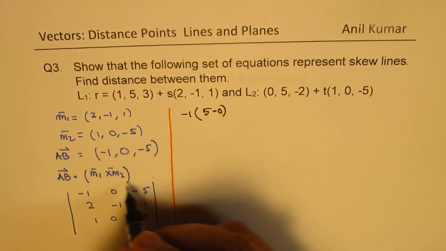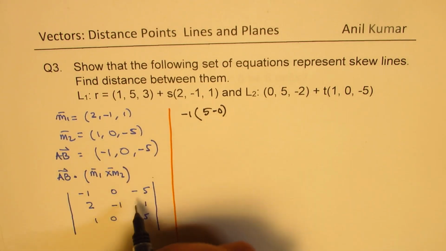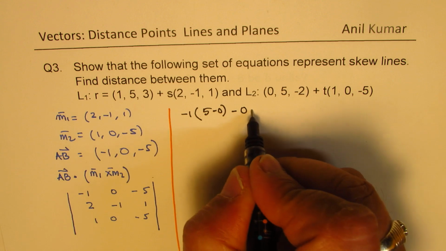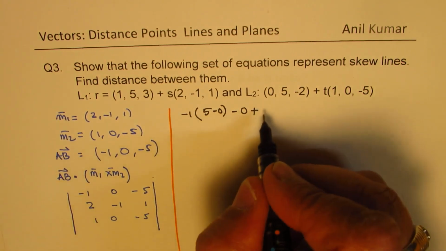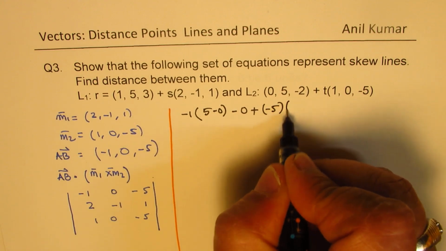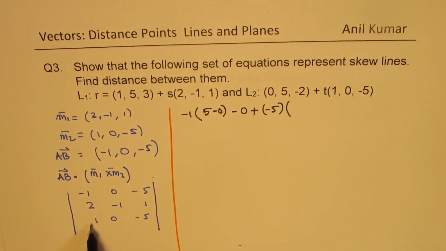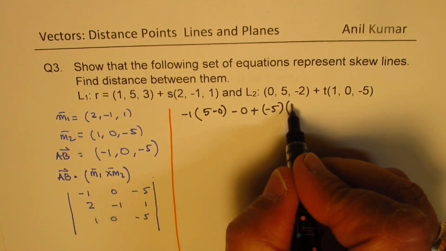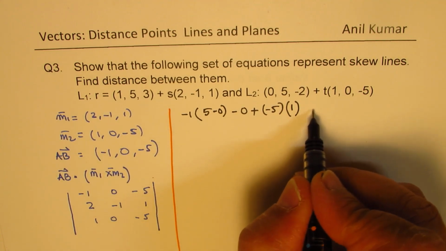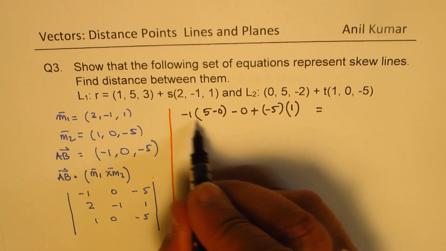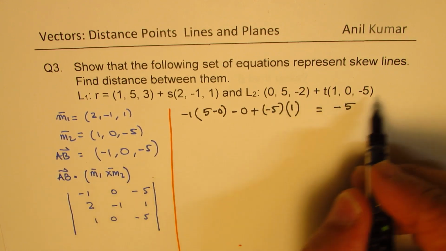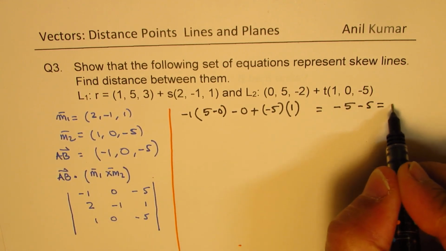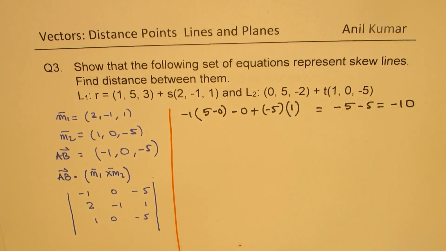And then 0 times, so we get 0 here. And the third one, minus 5 times, that is 0, minus this will make this plus 1, correct? So this scalar triple product for us is minus 5, and this is also minus 5, so we get minus 10 as our scalar triple product.